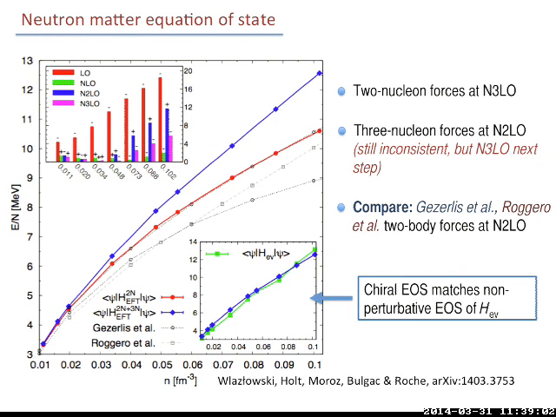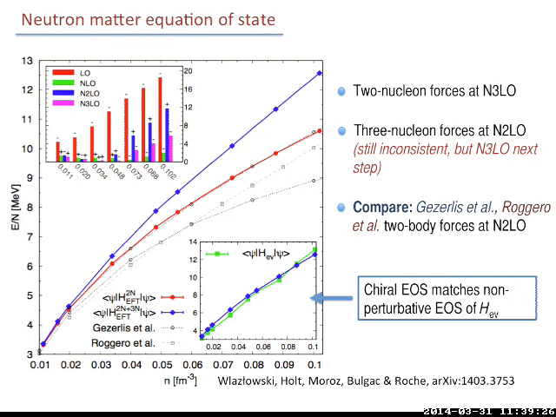But we did the calculation at N3LO, so we have some additional repulsive contributions, as can be seen here in the decomposition. Moreover, we included the leading order three-body force. Of course, the next step is to include the N3LO three- and four-body forces. But nevertheless, we are a little bit ahead of the game with respect to those two calculations.